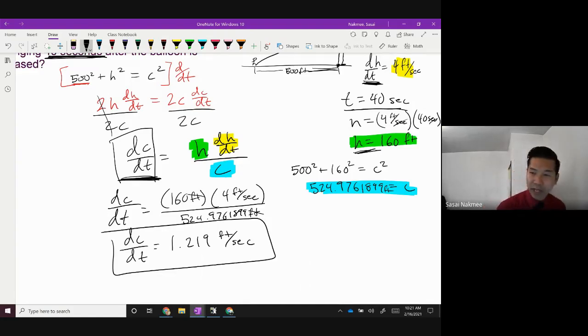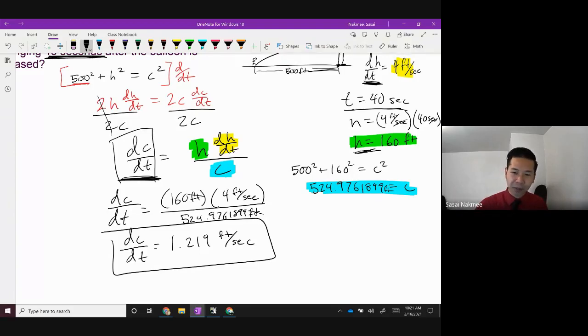1.219 feet per second. Now, you still have to understand your answer. Just because we found the answer, you've got to make sense of this. What does this mean? Are the balloon and the observer getting closer to each other, or are they getting further apart?